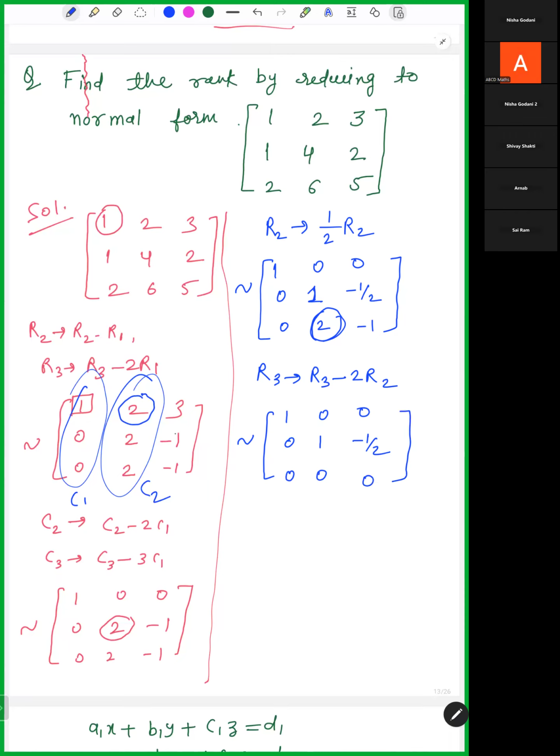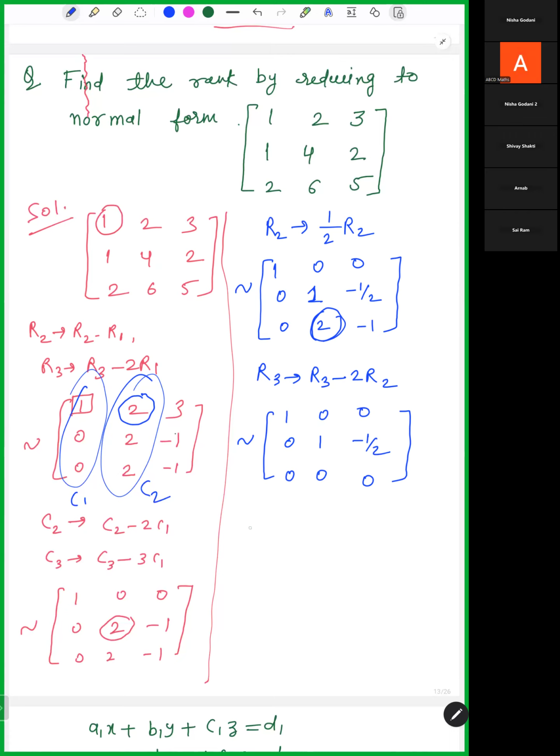Okay, now you have to make... can we have elements in fractions in the matrix? Yes, we can have, but always try to avoid these fractions, means always try to apply the operations so that you don't have fractions. But here I know that this will also become 0, so here there is no problem.